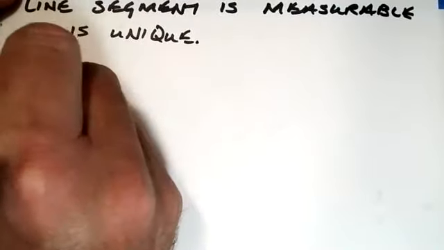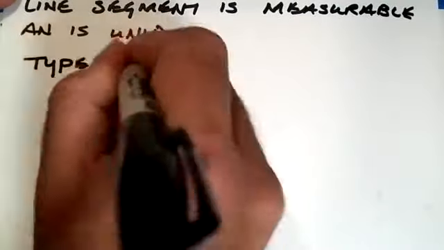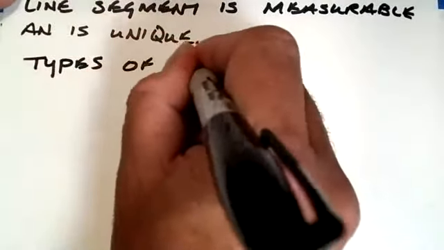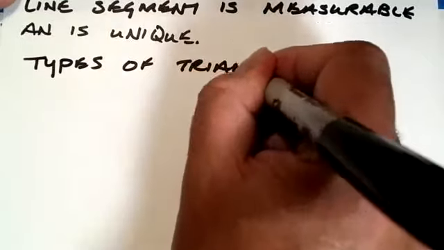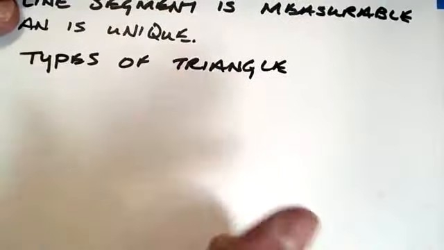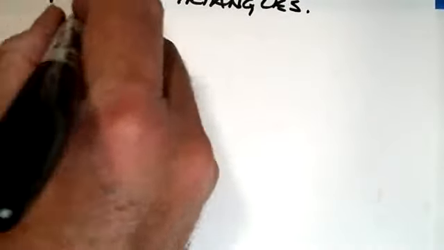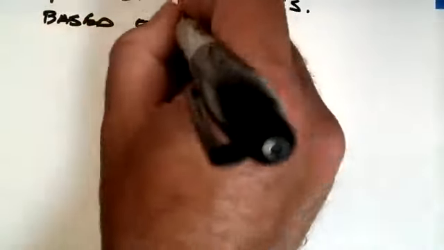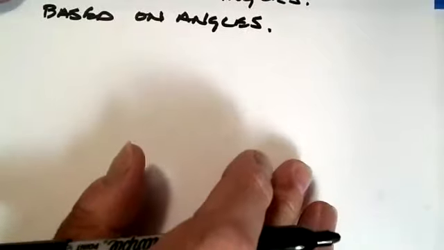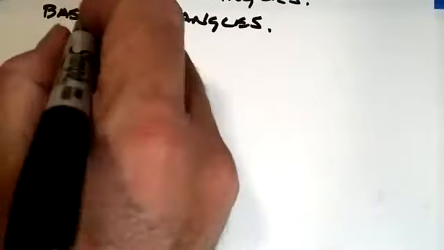So we're going to talk about this sort of zoo of triangles: types of triangles based on 2 possibilities. We can either talk about their angles, or we can talk about their lengths of sides. Based on angles, we have acute triangles.